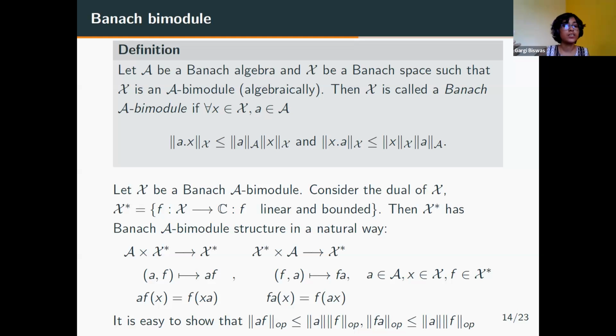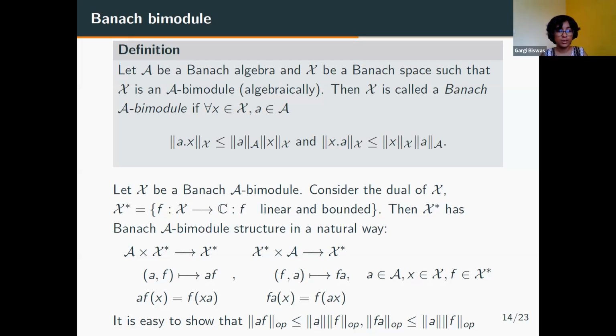We'll actually construct a new example from a given Banach A-bimodule X. We consider the dual of X, the space of all bounded linear functionals on X. Then X* becomes a Banach A-bimodule in a natural way. The module maps are given here: (a, f) goes to the functional a·f, which takes x to f(xa), and (f, a) goes to f·a, which takes x to f(ax).